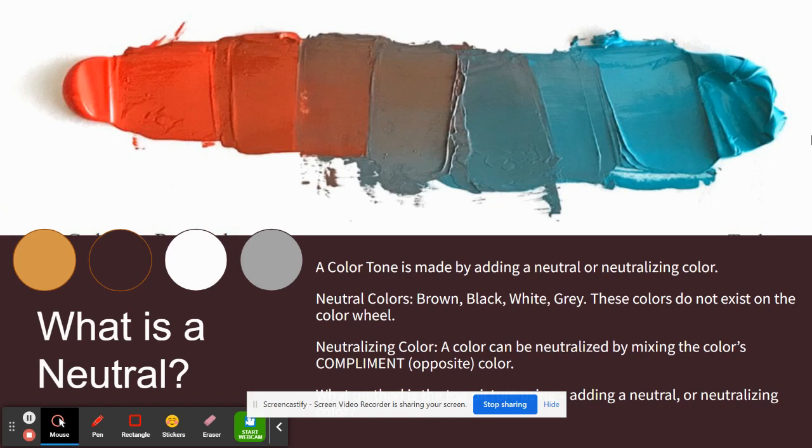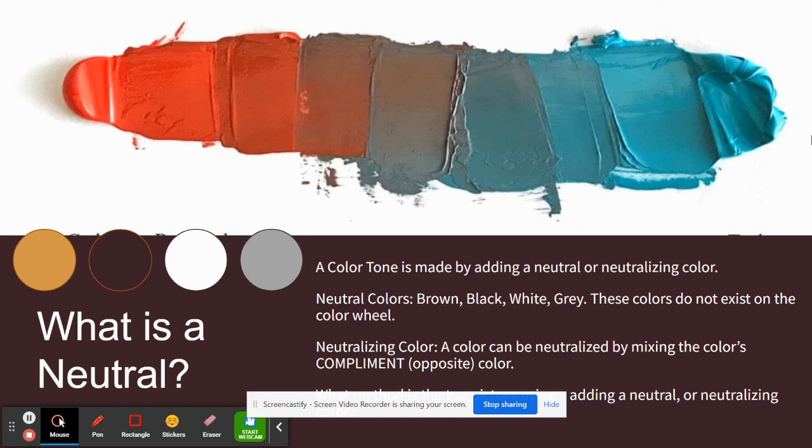These colors do not exist on your color wheel. You remember doing color wheels, they have reds, they have oranges, they have greens. They do not have brown, black, white, or gray. They exist off of our color wheel. Neutralizing colors, however, is a color being mixed with its complement, so its opposite.